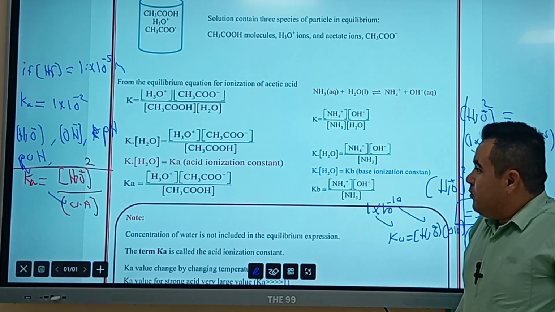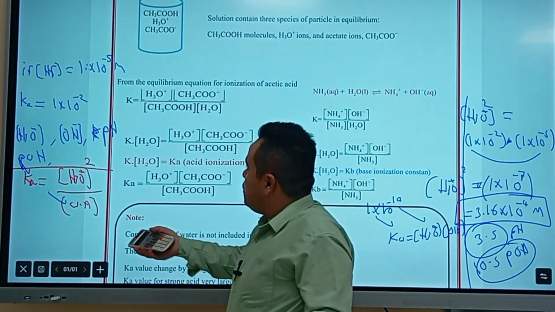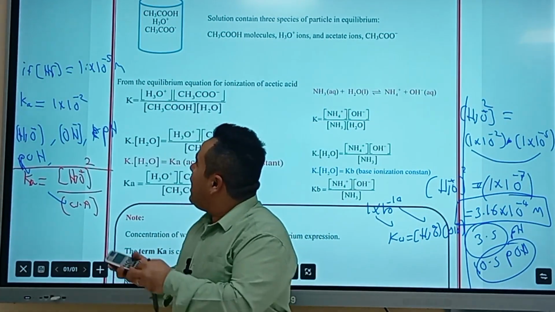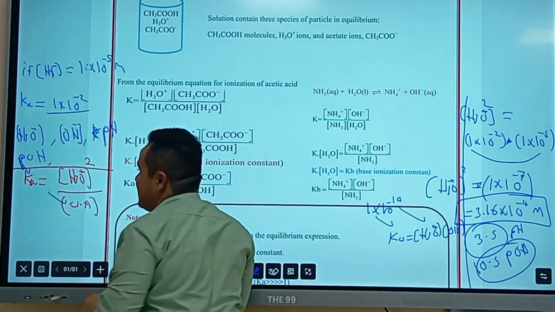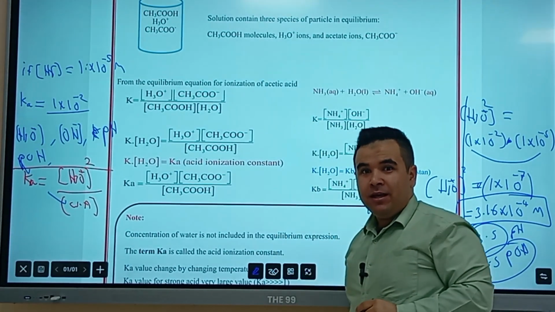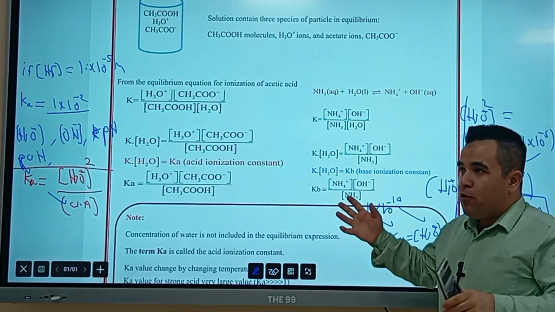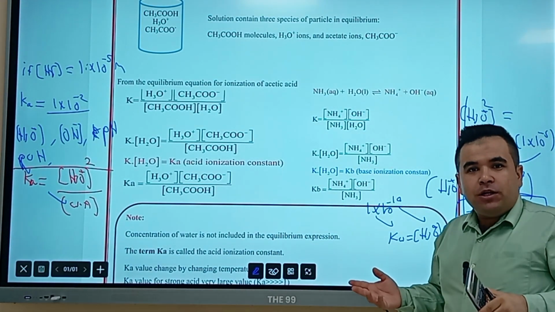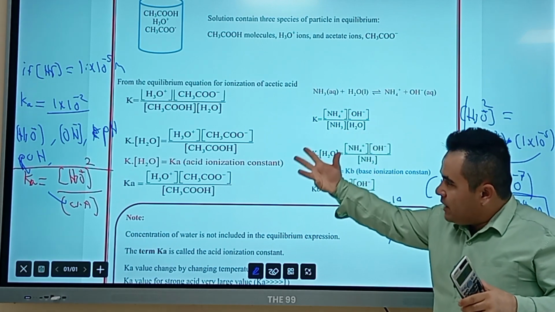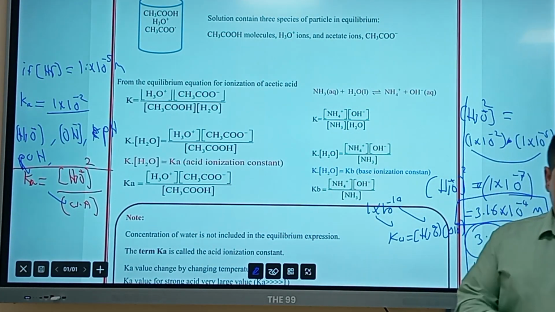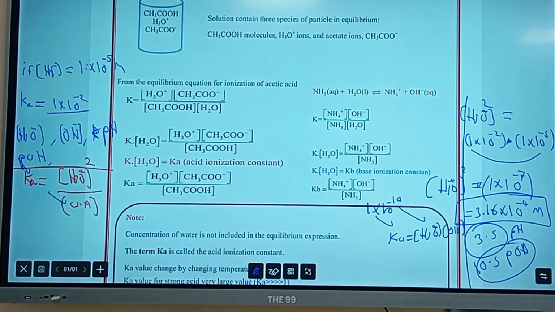How are we able to calculate the hydronium concentration for a weak acid? Because the value of Ka is given. This is a hypothetical question, guys. I have solved it, and the procedure will be shown like that.